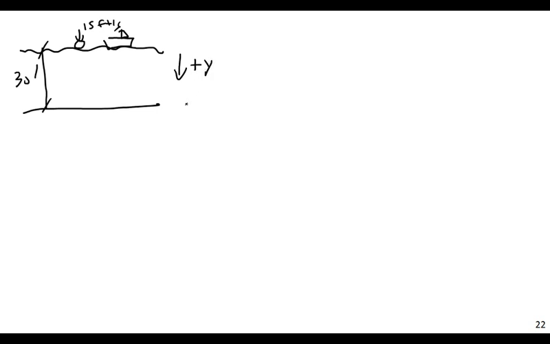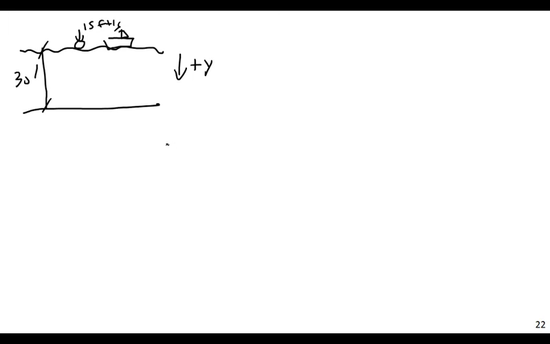Okay, so if I wanted to study this, ultimately I am going to want a velocity as a function of x, or x as a function of velocity, something like that.